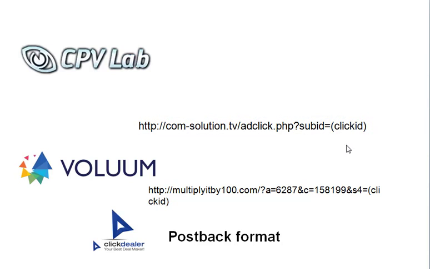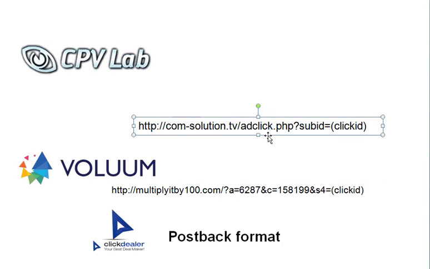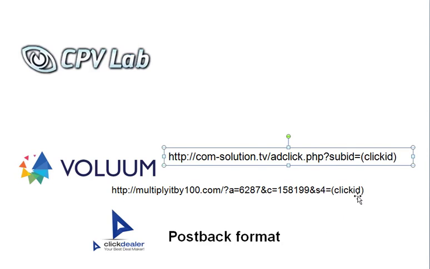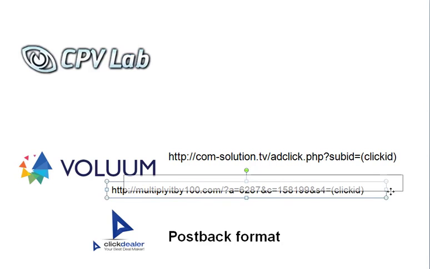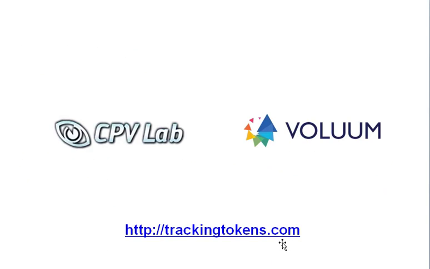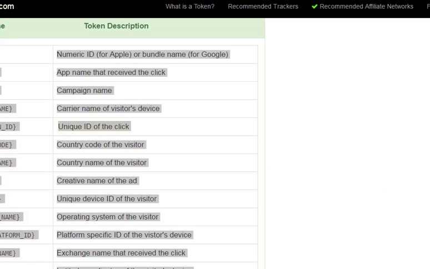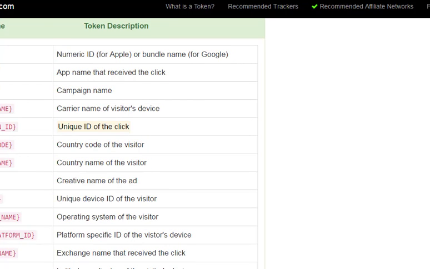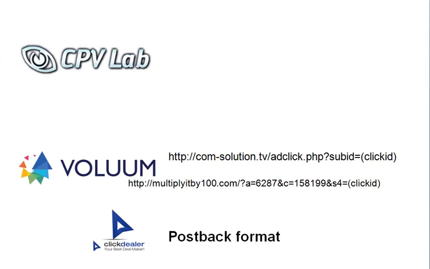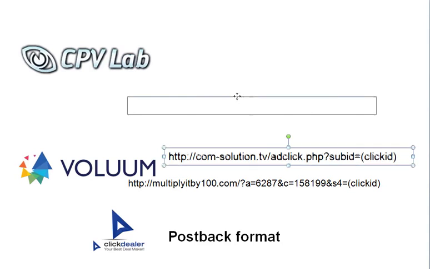So Folium works the same way, it's basically doing the same thing, right? For configuring a tracker with the different tokens, you can use this website. Once everything is configured, we set up a campaign and the offer is something like this, right?